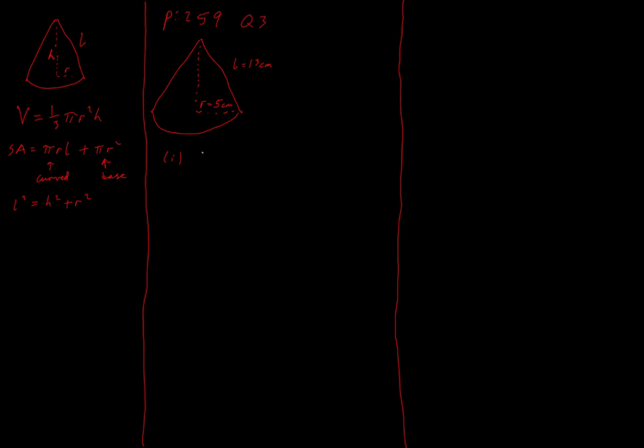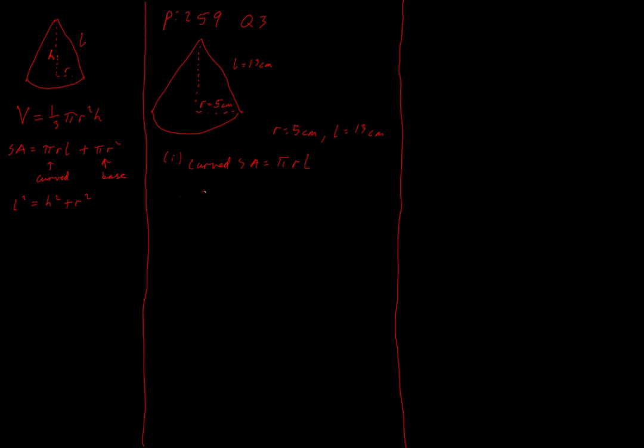So I'm asked for a curved surface area of my cone, so I'm going to go to my log tables and I'm going to see that my curved surface area is going to be pi r L, and I know that r is equal to 5 centimeters, and I know that L is equal to 13 centimeters. And I want my answer in terms of pi, so I am not going to put the pi button into my calculator. I'm just going to multiply r by L.